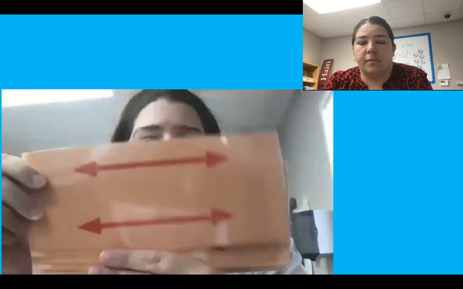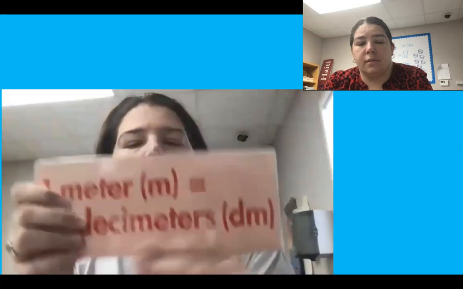Intersecting lines, parallel lines, perpendicular lines, congruent angles, right angle, ray, line, line segment, point, polygon, and this last one again, simple closed curve. Very good. Let us go back in even further.